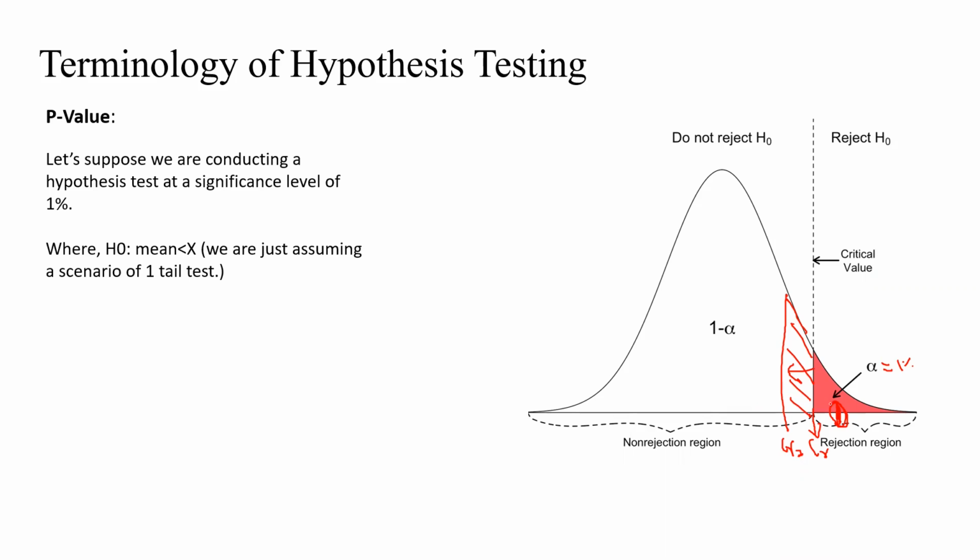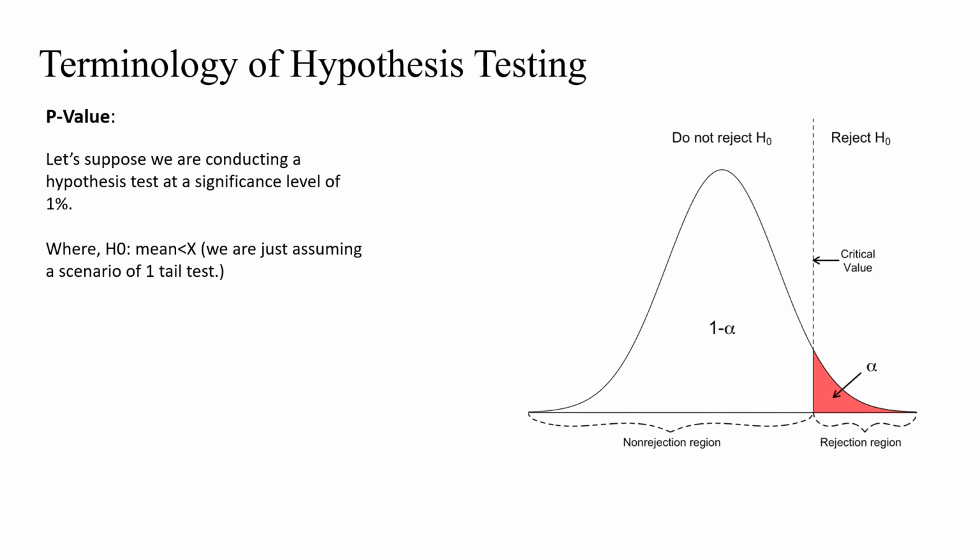Now let's go in the other direction. Instead of increasing alpha, if you decrease alpha to less than 1%, what happens to my critical region?